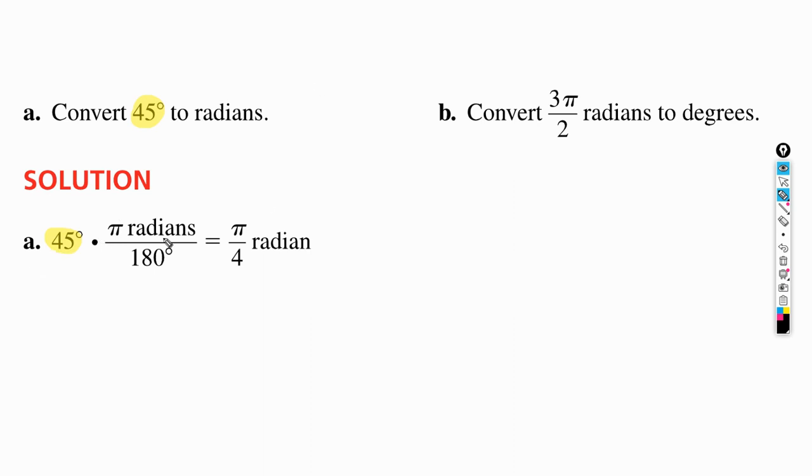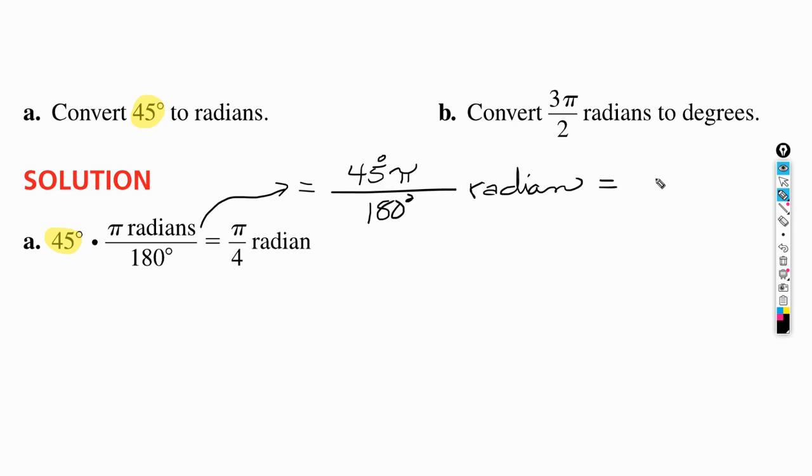All right, so this would have equaled 45 pi over 180 radians. 45 goes into 180 four times, so that reduces to 1 pi over 4 radians.